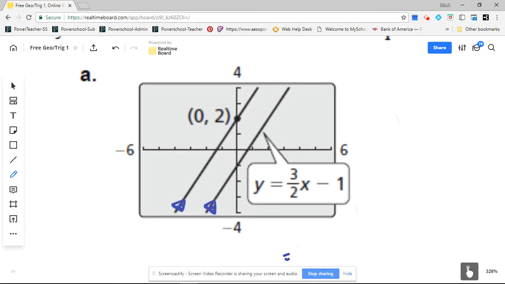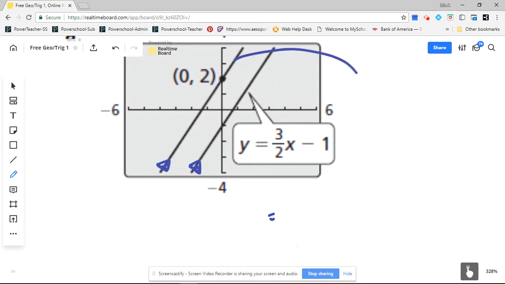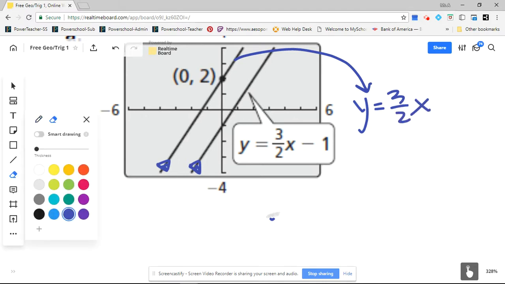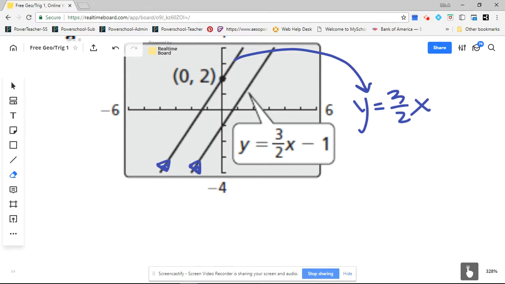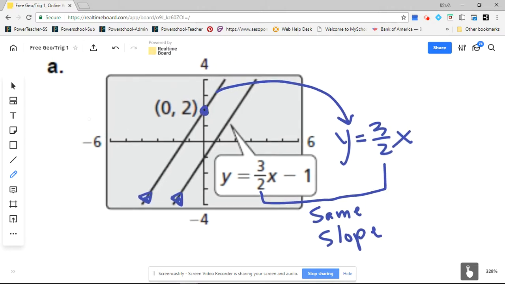Since they're parallel, we're going to need the same exact slope. So I'm going to need y equals 3/2 x, because my slope needs to be the same. And then I'm going to need my y-intercept to be a 2, so I'm going to put a plus 2 back here.